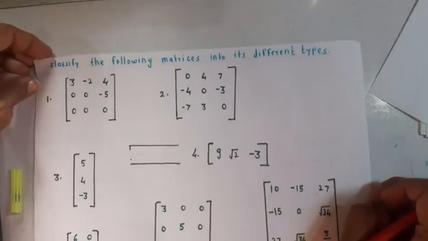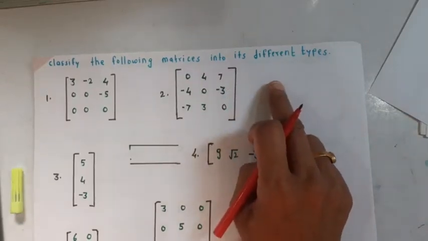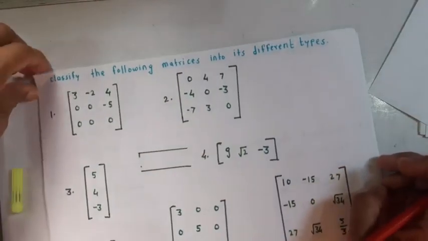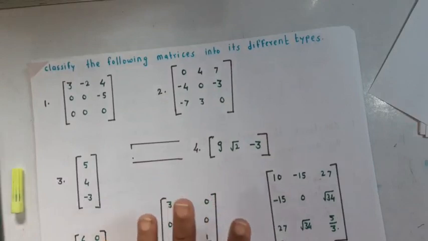Classify the given matrices into its different types. So students, in the last lecture I taught you the different types of matrices: row matrix, column matrix, triangular matrix, upper triangular, lower triangular, diagonal matrix, unit matrix, skew matrix, symmetric matrix, skew symmetric matrix, singular matrix.